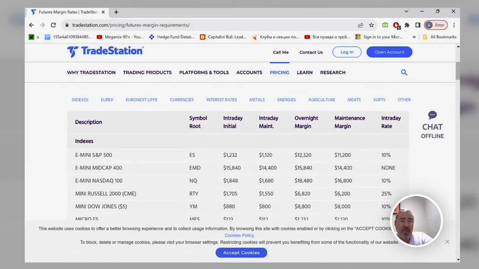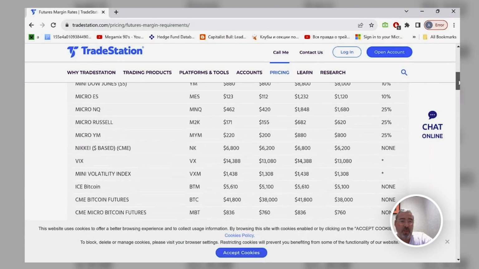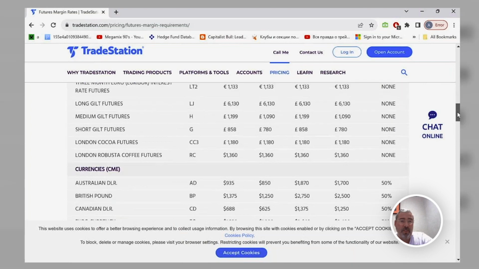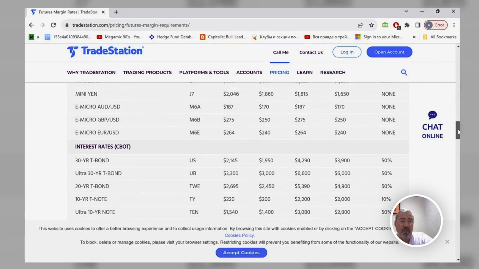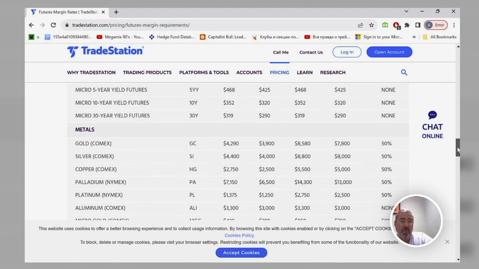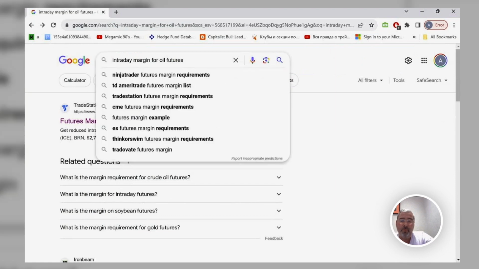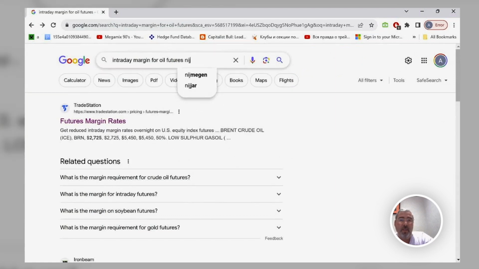Right here, you see S&P E-mini, $1,200 intraday maintenance, $1,120. Then mini Dow Jones, micro, and so on. Eurex, it's Forex, currencies. No, we're not interested. Interest rates, no. Metals, no. Energy, okay. So you see TradeStation takes roughly $3,500, and let's see how much Ninja takes.